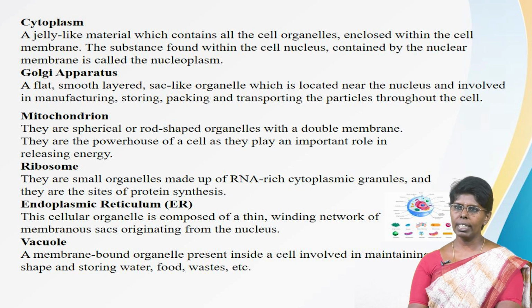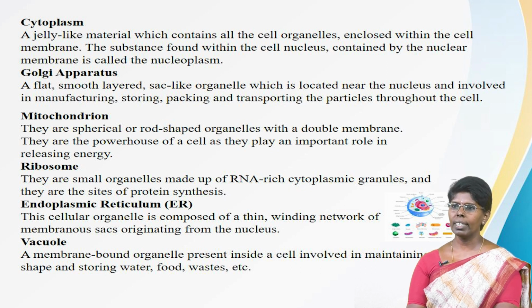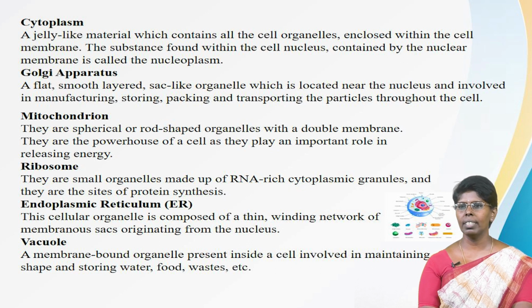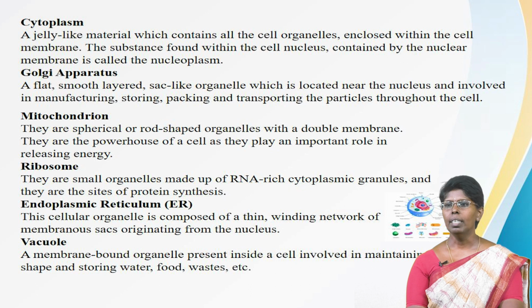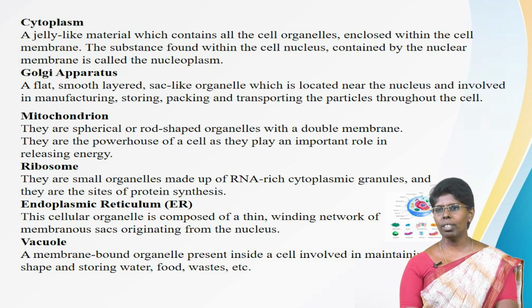So, what is the Golgi apparatus? It is a flat, smooth layered, sac-like organelle located near the nucleus and involved in manufacturing, storing, packing and transporting particles throughout the cells. What are mitochondria?